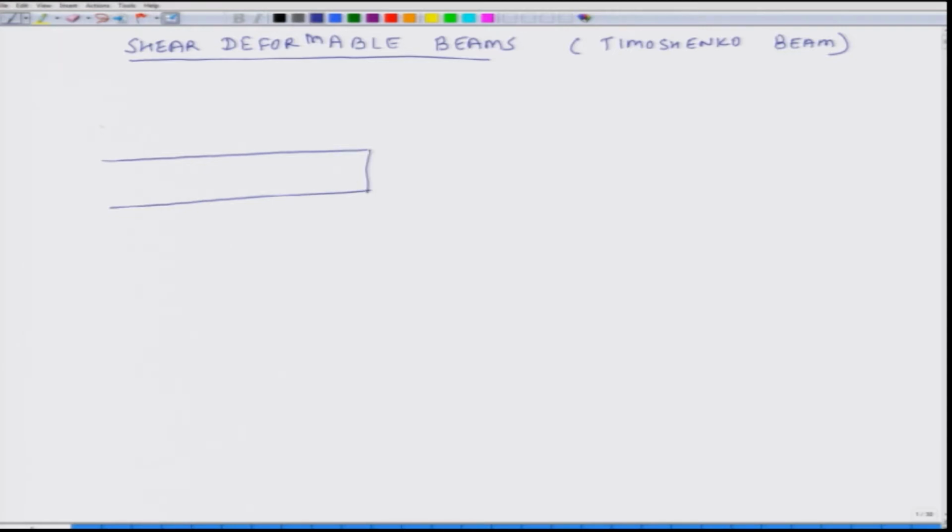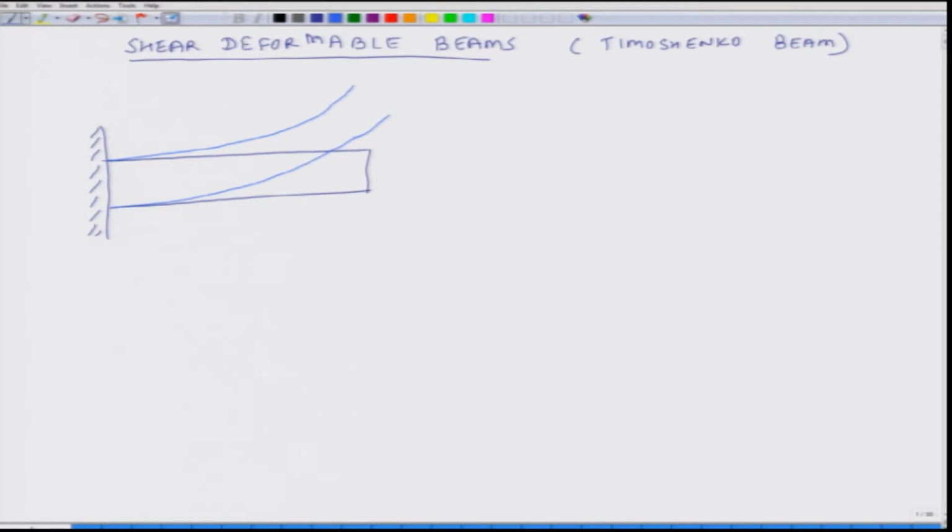and let us say this is a cantilever. So, it is rigidly fixed at one end, and when I apply a force, then this beam bends and the light blue color depicts the bent shape of this beam.